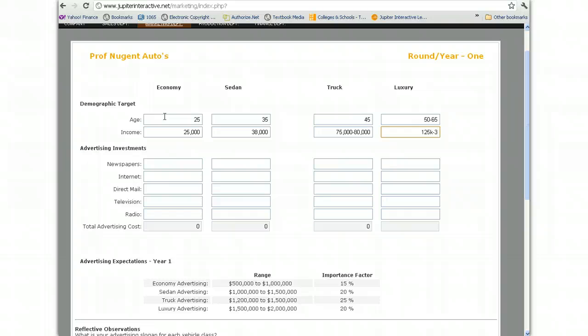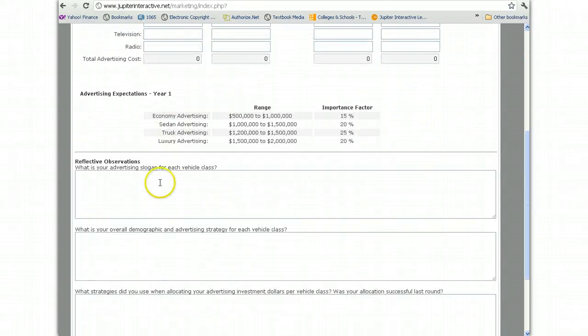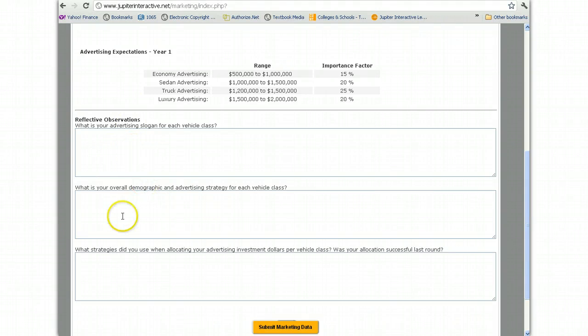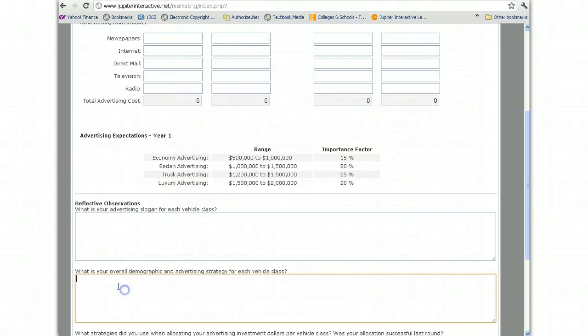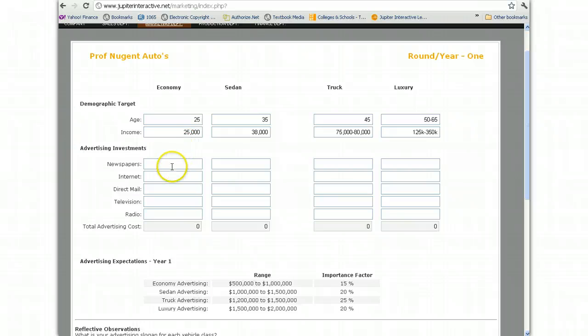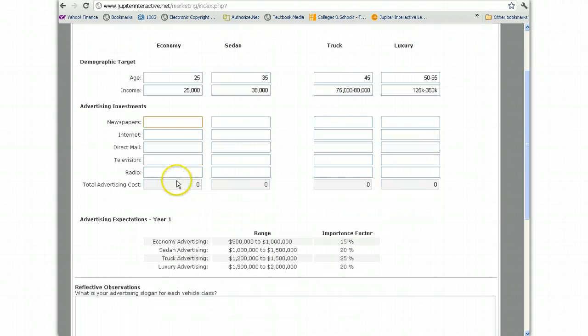But they're part of the role play, which means that if I create a demographic up here, when I do my reflective observations down here about either my advertising slogan or how my strategies for allocating my dollars, or here my advertising strategy, it should be connected back to the fantasy of what I'm trying to do here.